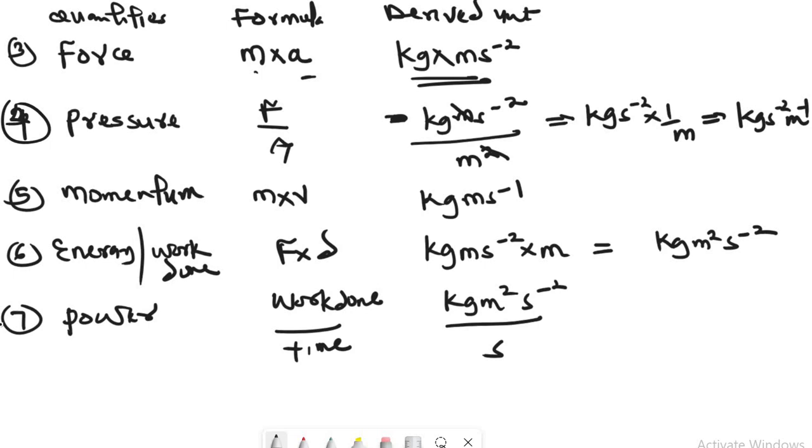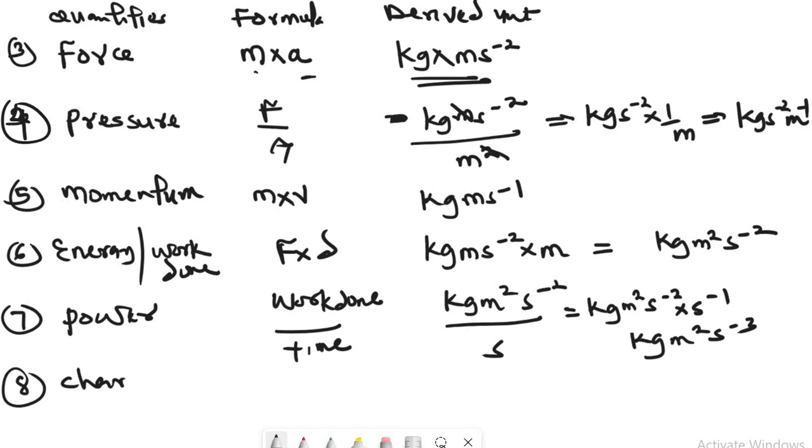So at the end of the day, when you apply your law of indices, we have kilogram meter square s minus 2 times 1 over s, which is s minus 1. At the end of the day, the unit for power, kilogram meter square s minus 3. That's power.